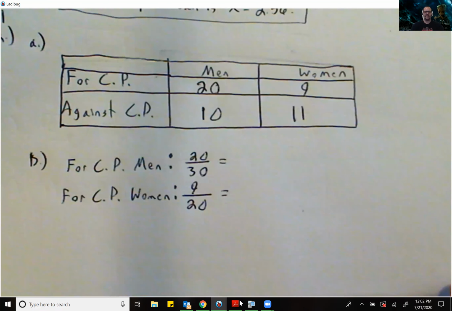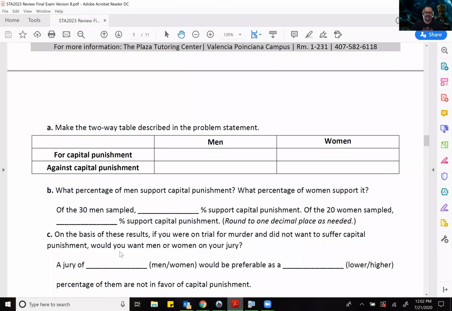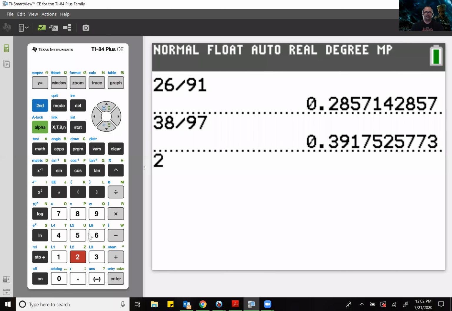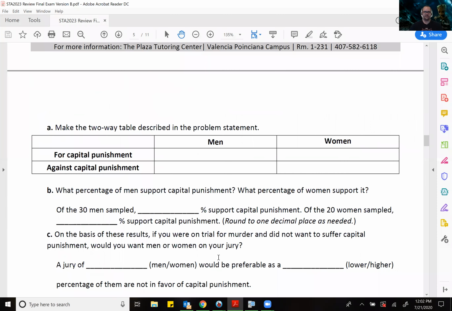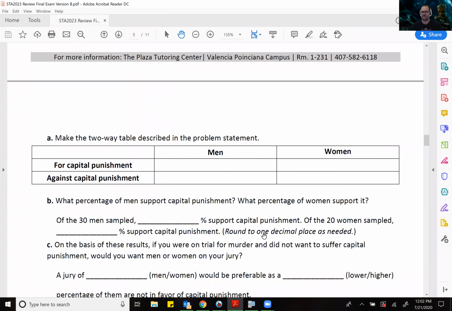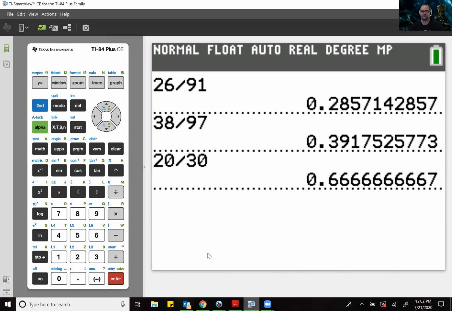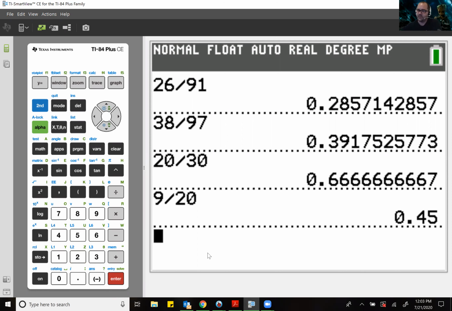So we just go to our calculator and we do some little quick math. 20 divided by 30 equals, and let's go back here. Let's see what we wanted to round to. And it says round to 1 decimal place. Okay. So again, our full decimal is 0.6666666 repeating. And then the women is 9 divided by 20, 0.45.